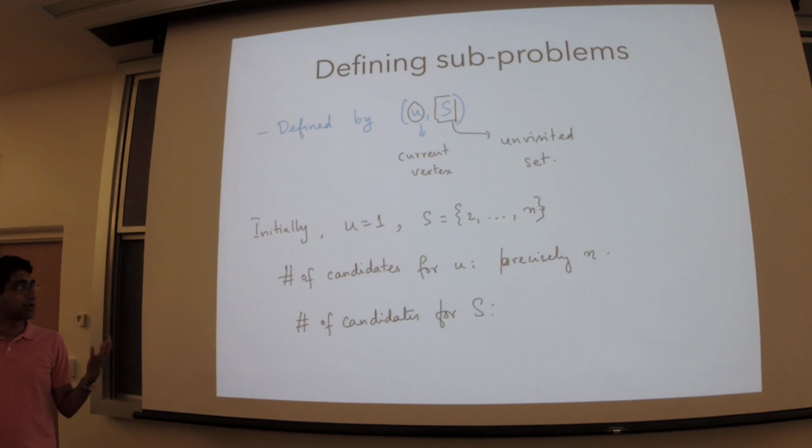The point is that there are not n factorial or n minus 1 factorial subsets of a given set. There are only 2 to the power of n minus 1 subsets, because each element could be either included or not.